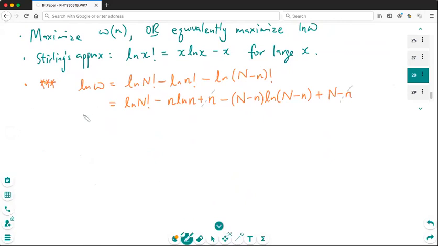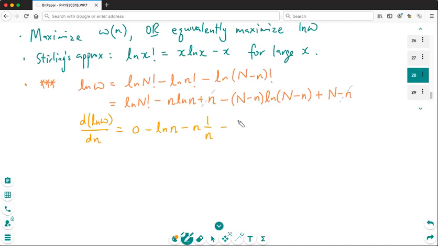Next I do the derivative of log omega with respect to little n. First term becomes 0. Second, I have to use the product rule. So first, I'm going to keep log n and differentiate n, I get 1. Then I keep n and differentiate log n, I get 1 over n. And then here I do the same.